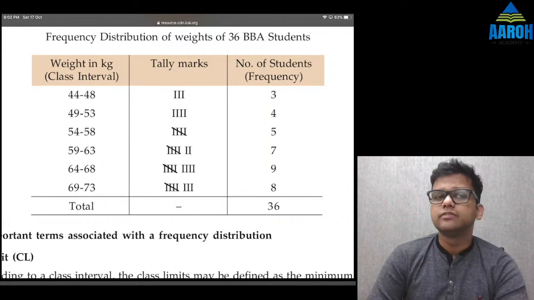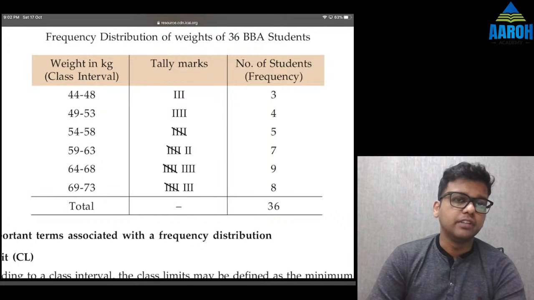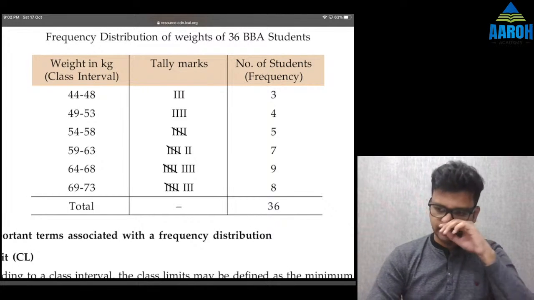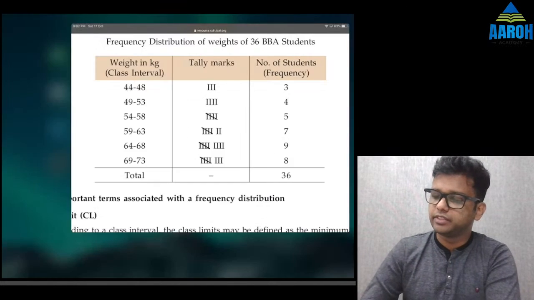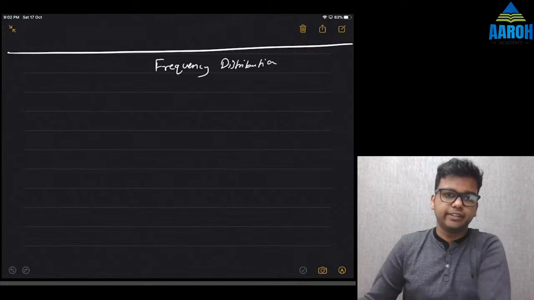Now concentrate. First let me write whatever is given, weight and number of students.